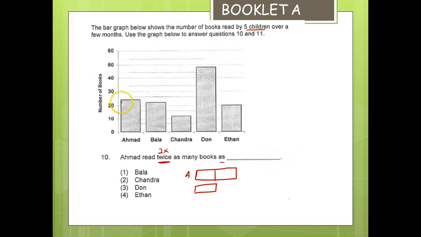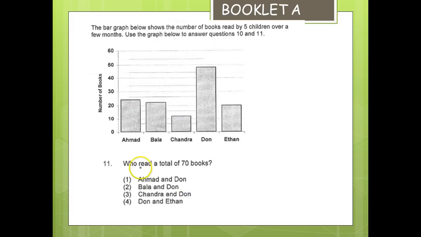If I look carefully, this would be 20, 22, 24, right? So half of 24 would be 12. So this is 24, this is 12. So the answer is 2, Chandran.